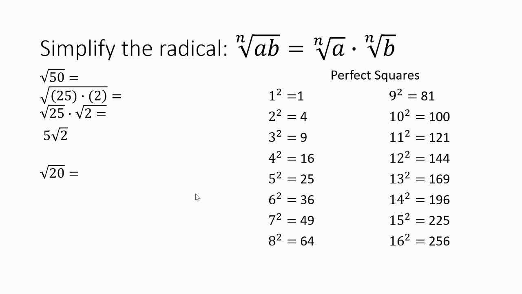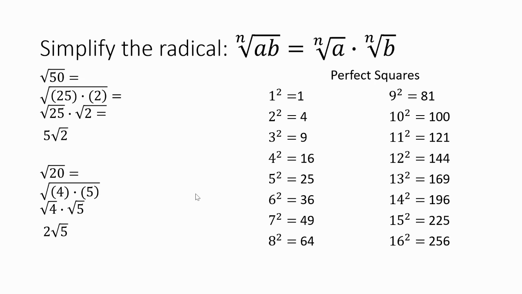Now 20. That's 2 times 10, or 4 times 5. I don't want to use 2 and 10 because neither one of those is a perfect square, but 4 and 5, 4 is a perfect square. Split that up, and then take the square root of the one that is actually a perfect square. And there's my simplified radical.